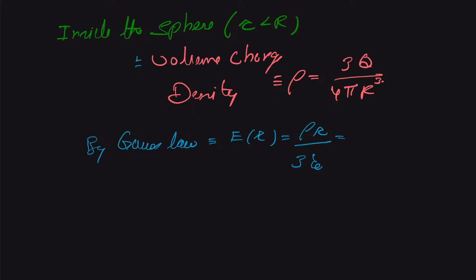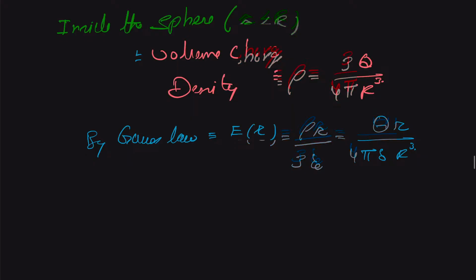Substituting the value of rho, this comes as Q times small r upon 4 pi epsilon naught R cube, as 3 cancels with 3. So we have our electric field inside and outside the sphere.